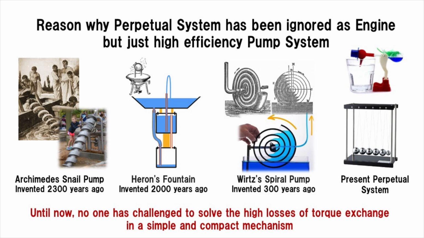And this pump system is still used today as a highly efficient pump. Also, 2,000 years ago, Heron, who invented the steam engine system, invented Heron's fountain, a perfect perpetual motion machine with a simple principle that uses gravity and air pressure, and although it is now easy for anyone to reproduce, it has not become very famous.